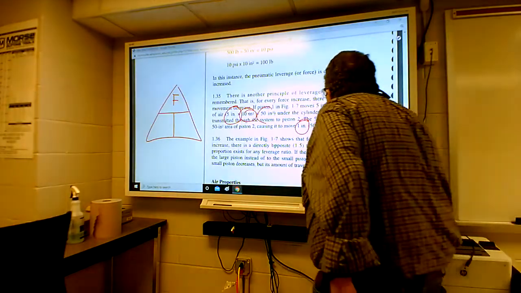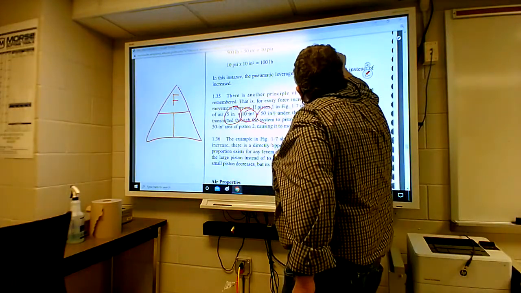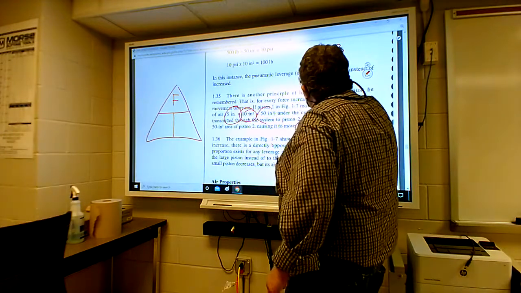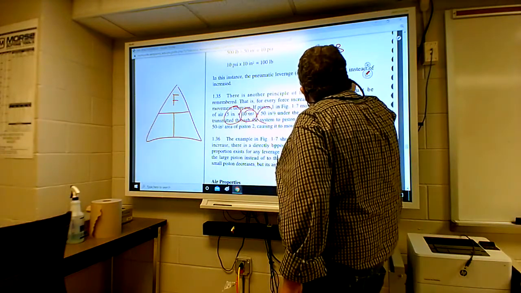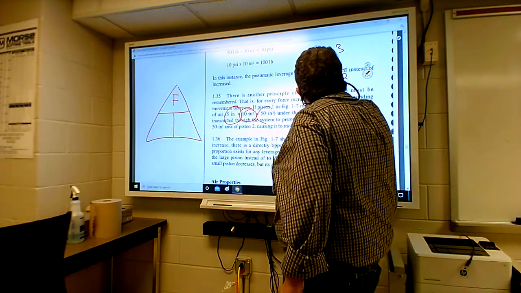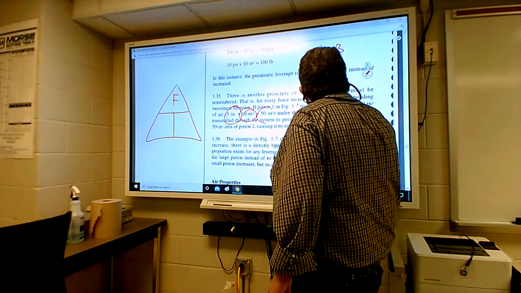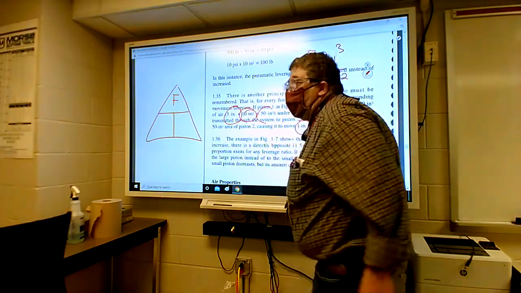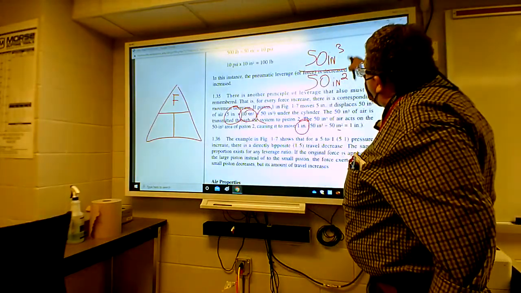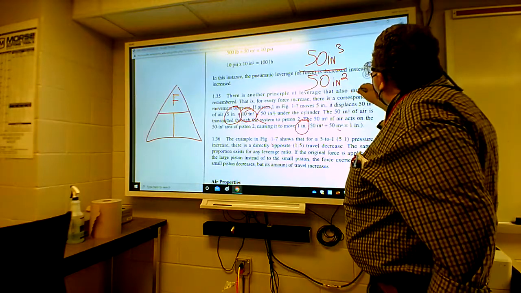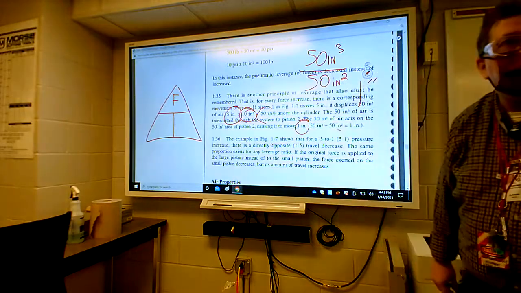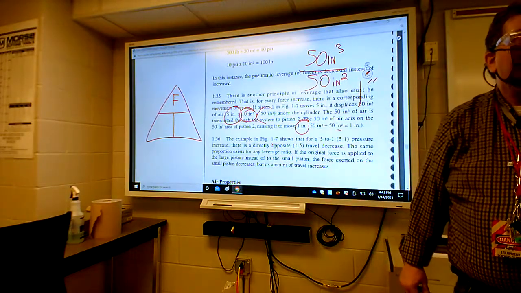And so they're taking the 50 cubic inches volume divided by 50 square inches. And 50 over 50 will be 1. And then you end up with 1 inch. Because when you divide the cubic over the squared, you end up with a plain inch instead of cubic or square.